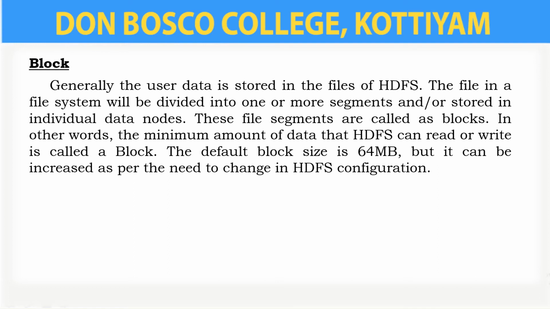And these segments are called blocks. The minimum amount of data that HDFS can read or write is called a block. The default block size is 64 MB, but it can be increased as per the need by changing the HDFS configuration.